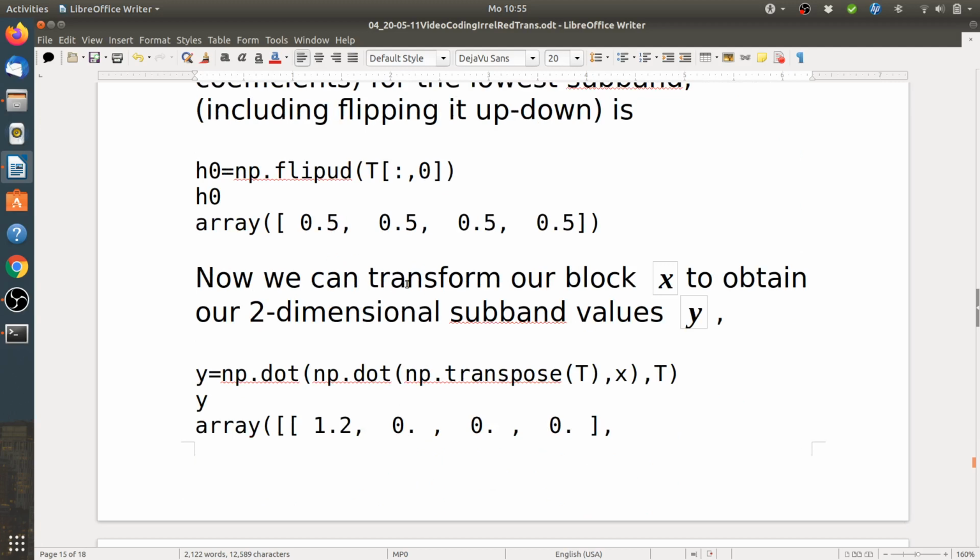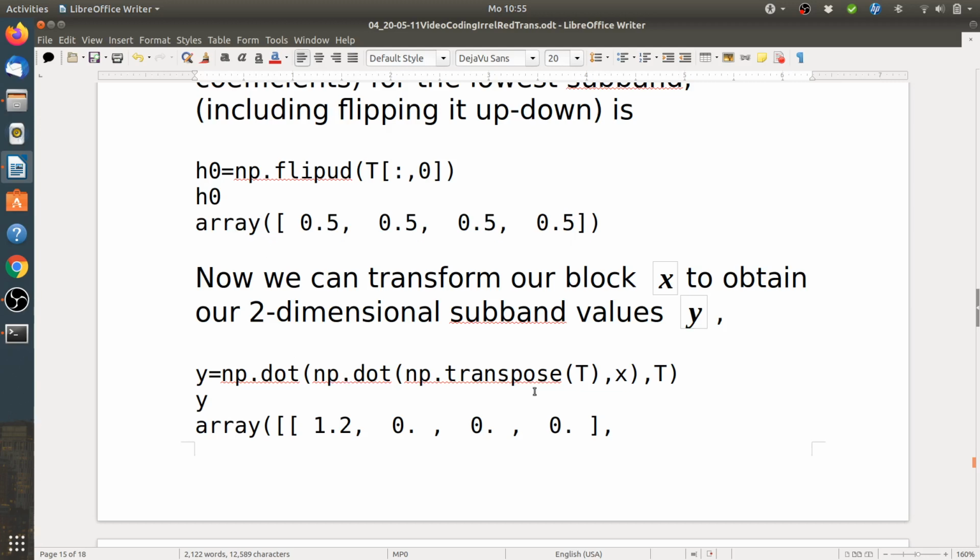Now we can transform our block X to obtain our two-dimensional subband values Y. Here we have our X containing our brightness values. Then we use np.transpose to transpose our matrix, and we use np.dot for the matrix multiplication. Remember, T and X are arrays, they all have the array type.